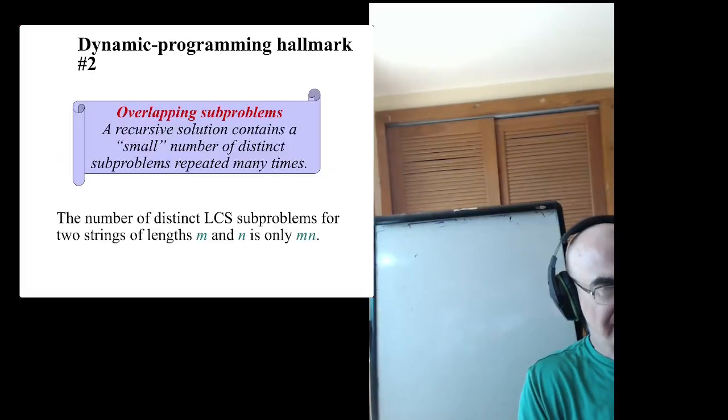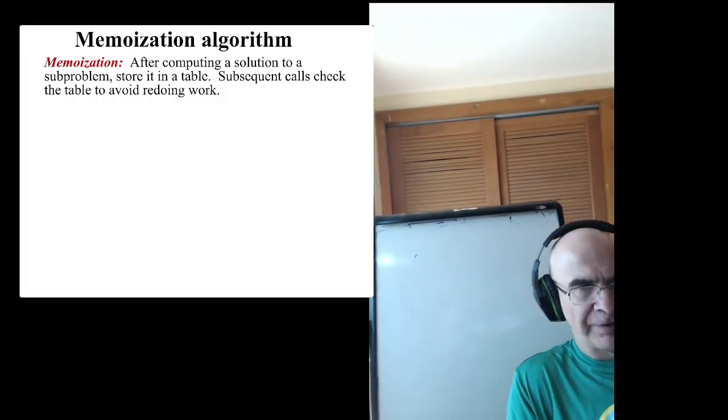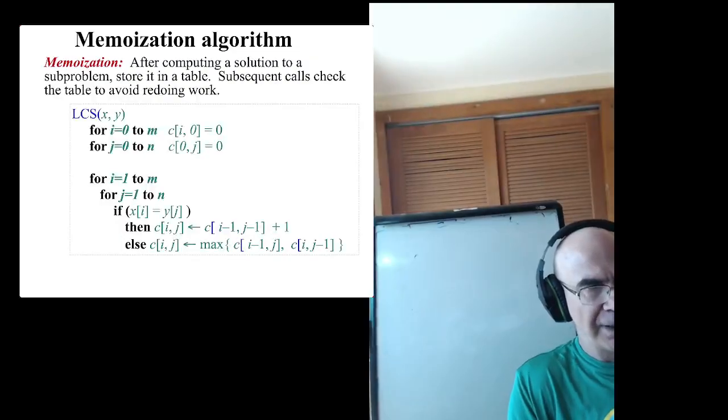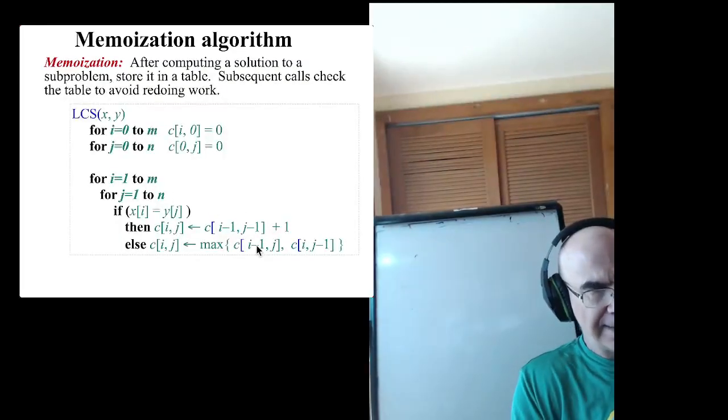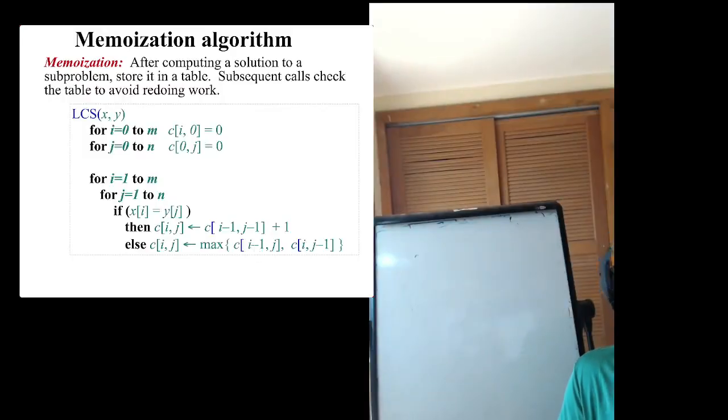However, if we just memorize in a table what these C of m, n are for every possible m and n, or every possible i and j, then we get a really, really simple algorithm, which just after initialization checks for every possible i and every possible j: if x_i equals y_j, the ith character and jth character, then C of i, j is just C of i minus 1, j minus 1, plus 1, adding one character. Otherwise, drop the last character of X, drop the last character of Y, and check which one gives you a better way.